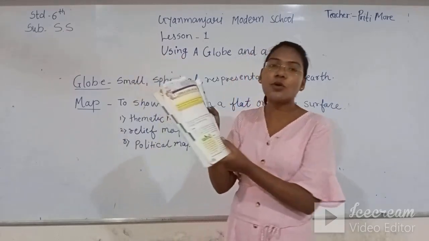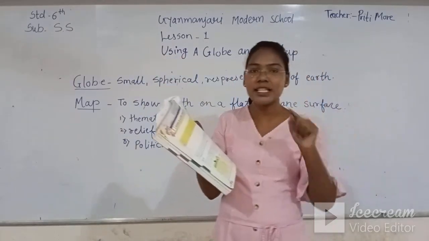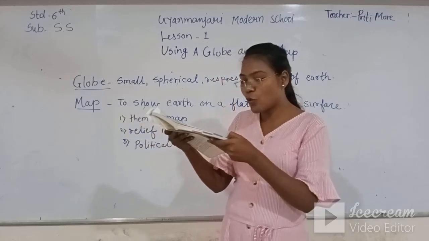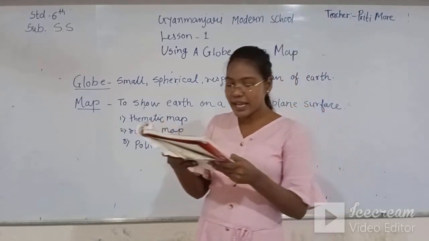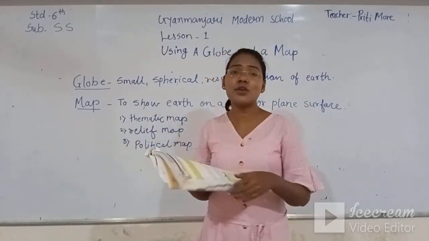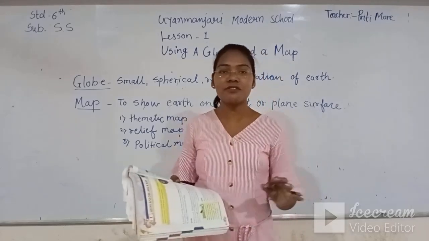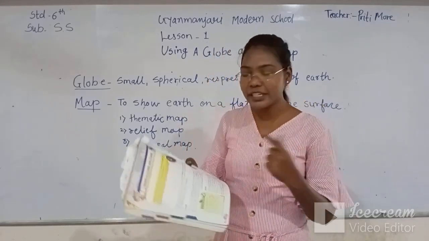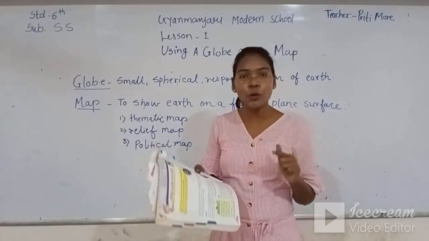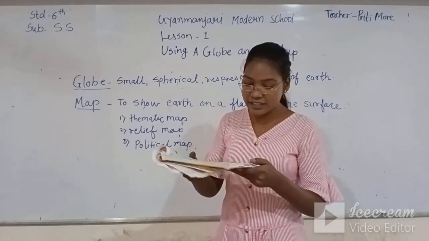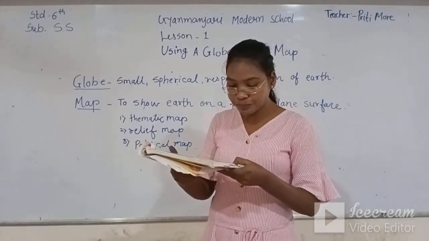If you observe this globe, you can see some imaginary lines. These lines are known as the axis. This is not a confirmed line but an imaginary one, given on the globe, and it is called the axis line.